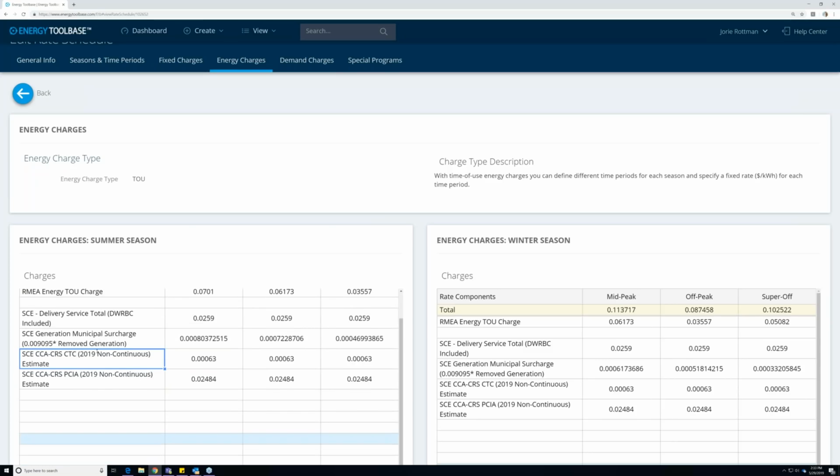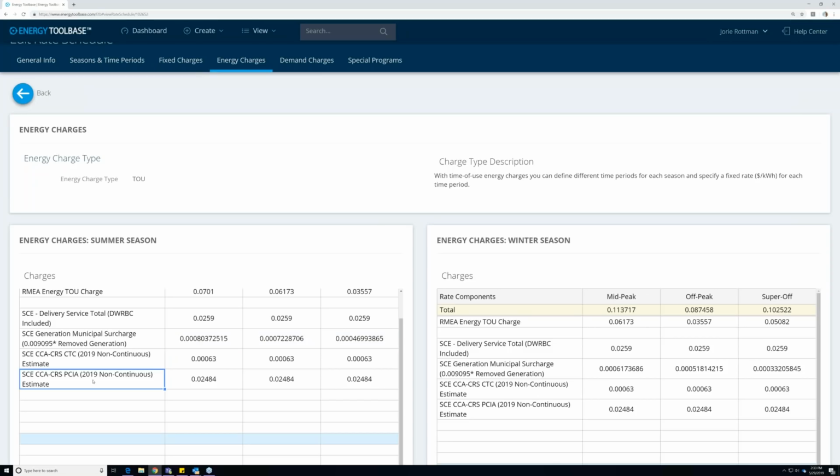But there is a generation municipal surcharge. It's a 0.009095 charge that gets multiplied to the removed generation, and that's where you can see these calculations we have in ETB. It's a small surcharge, but it does apply to the customers who are CCA generations, and it's also known as a franchise fee factor.